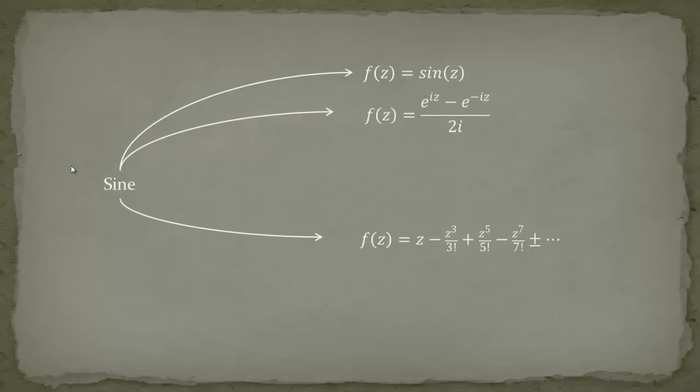You are just having alternating terms in the series. You see that their powers are always odd, so z to the 1, z to the 3, z to the 5, z to the 7, and then you are dividing this by odd factorials. Actually under the z you could write 1 factorial and so forth, and 3 factorial and so forth.